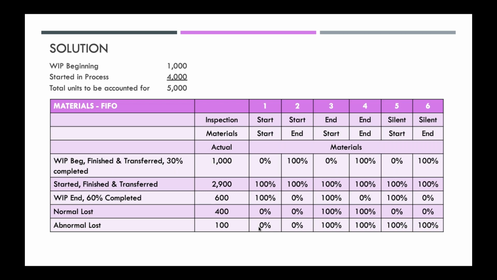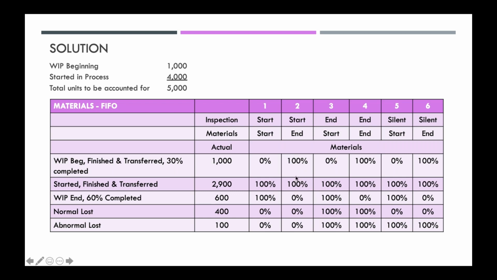Okay? Sa second scenario naman natin, we have inspection point at the start. Materials are added at the end. So, ilan yung work done natin. So, if materials are added at the end, yung work in process beginning natin, na umabot hanggang end, nalagyan siya ng materials.